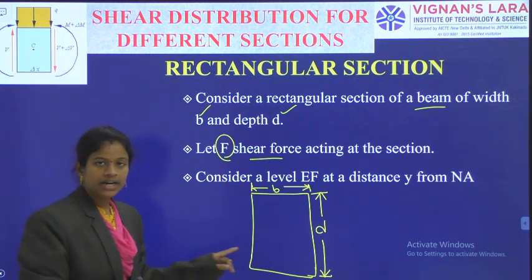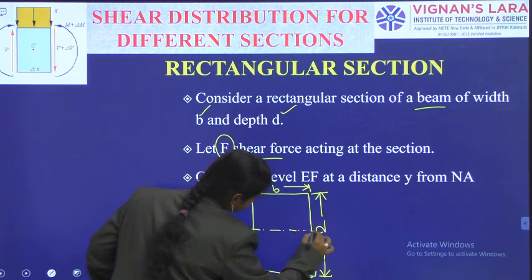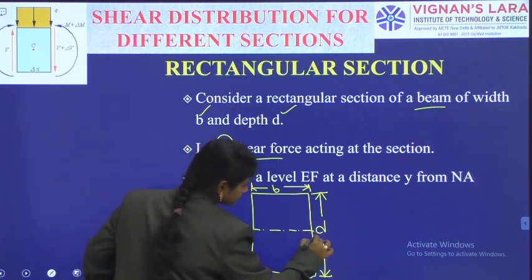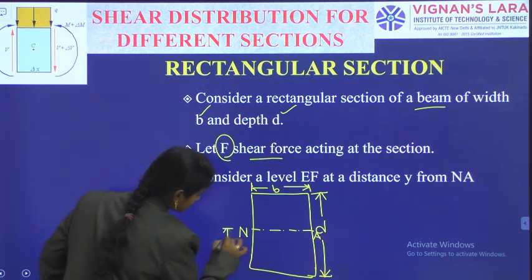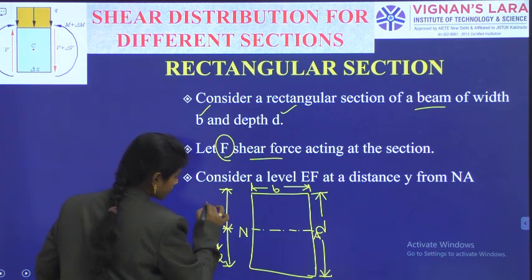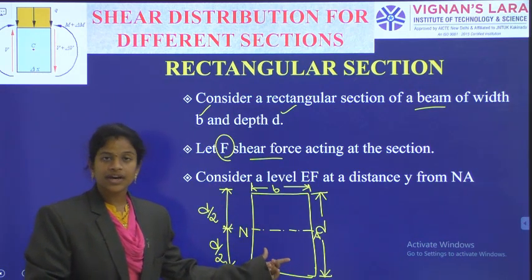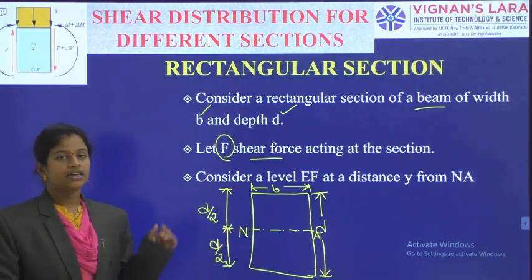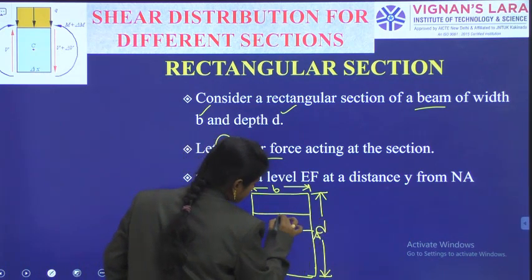That's why total depth divided by 2 will be the location of the neutral axis, and this neutral axis is at D by 2 from top and D by 2 from bottom. And now after giving the indication of the neutral axis, we are giving the indication for the EF level. So I am considering a level EF which is at a distance y from the neutral axis.